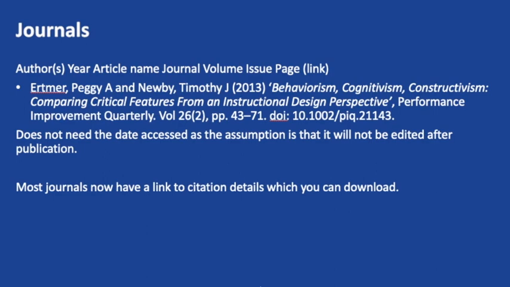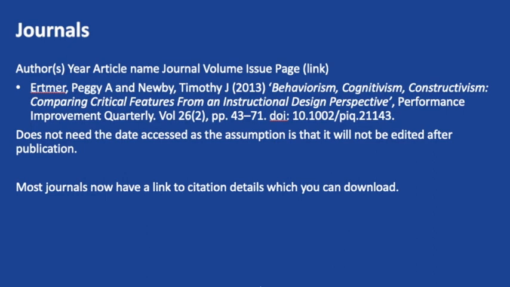It does not need a date when you accessed the article, because one of the gems about a journal is that once you have published in the journal, you are no longer able to edit that article. So once it's published, that's it, it's fixed. So a date is not required to show that you've looked for the most recent edition.